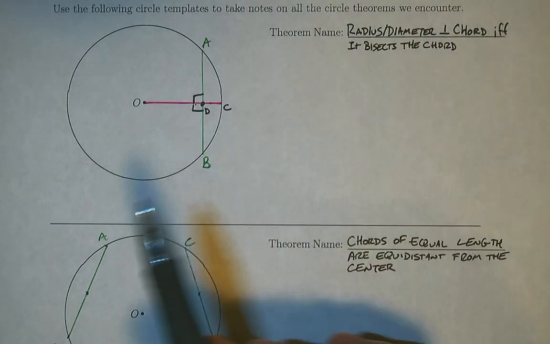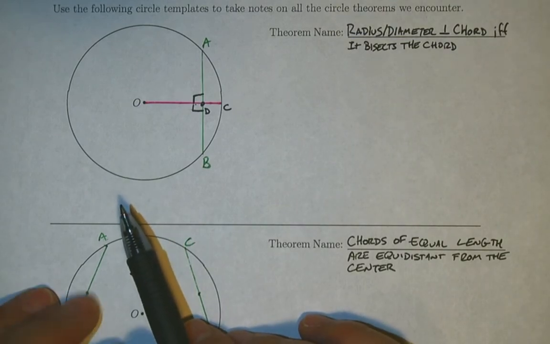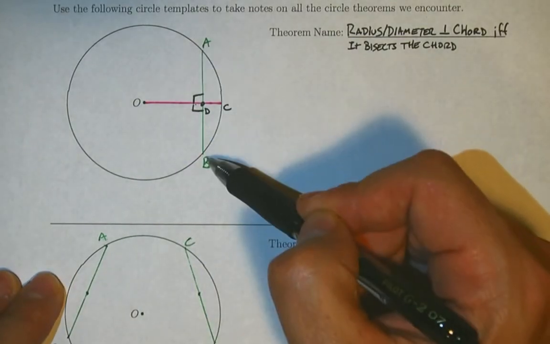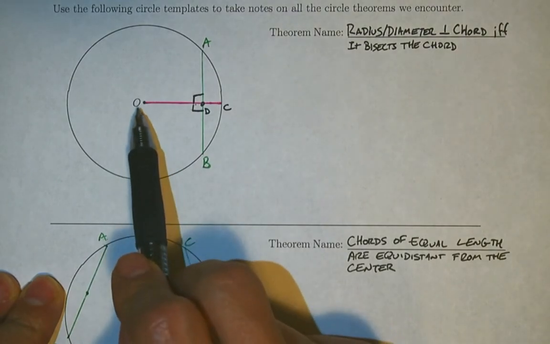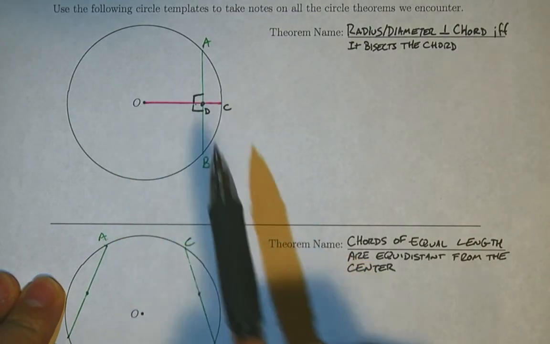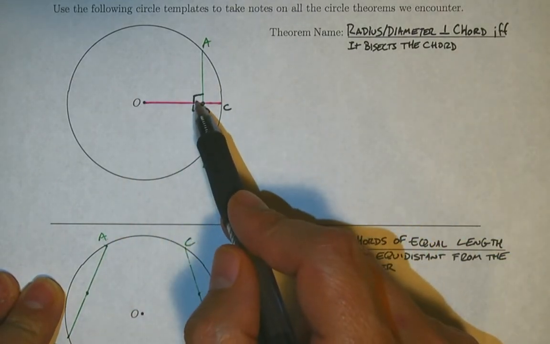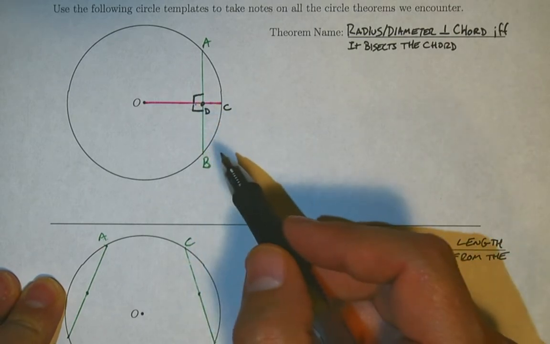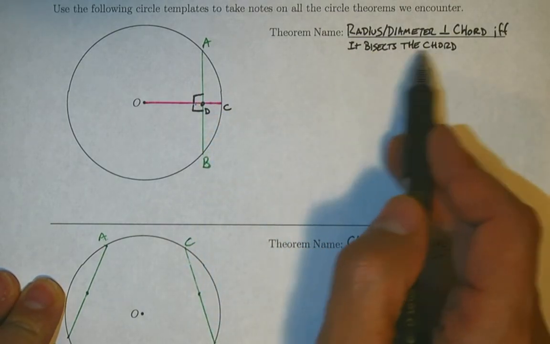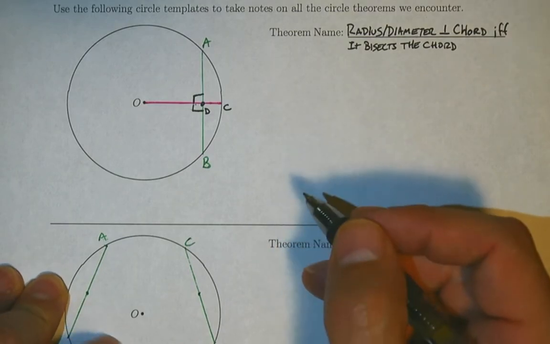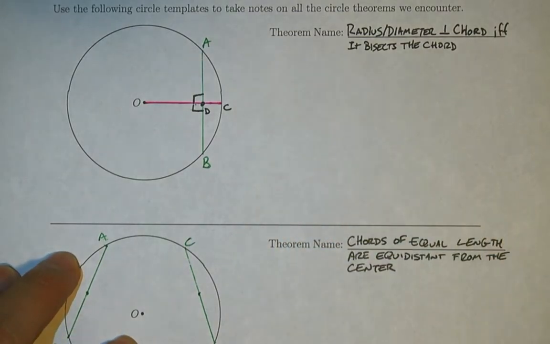So what I've done here is on my circle, I've started off with a chord AB, and I've started off with a radius here, OC, and that radius is perpendicular to the chord. And my goal is I want to show that it bisects the chord. I'm going to use a technique that comes in really handy a lot of the time when we're working with circles.